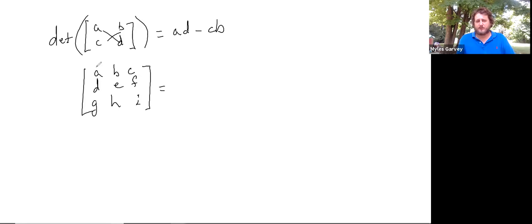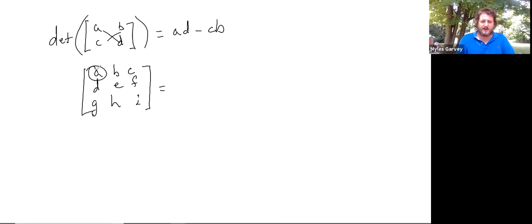We basically pick a row, and the convenient way is picking the row with the most zeros. That's the most convenient way to compute the determinant. And here's what we do. Let's say we pick the first row. We pick the first element. We remove the column and row elements based on that element, and we take the determinant of the corresponding sub-matrix.